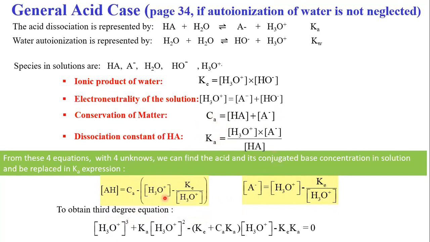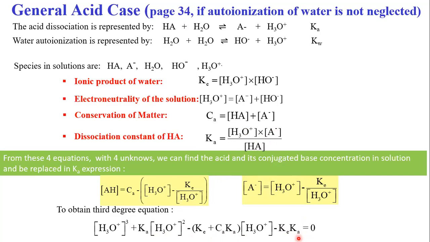So if I substitute both into my Ka expression, everything will be in terms of either H3O+ or the initial concentration. I no longer have the terms A- or HA. Expand, and you get a third degree equation.